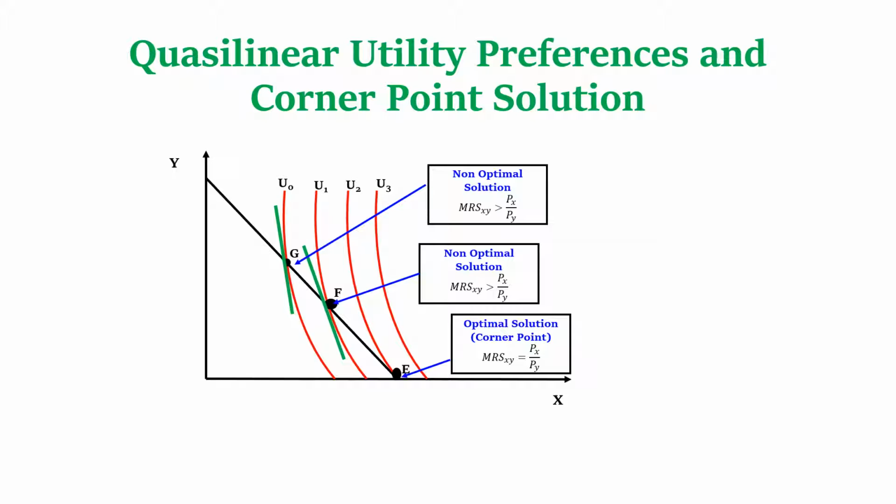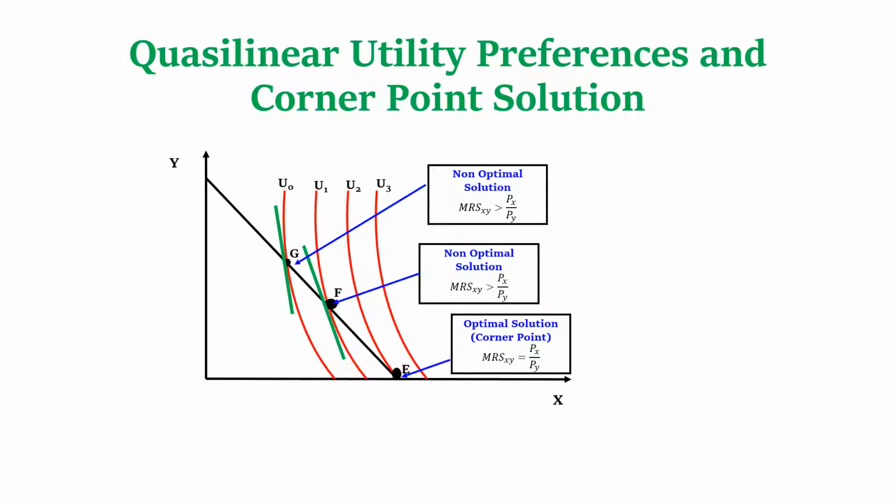And then at point G, the marginal rate of substitution is not equal to the relative prices. So the point where the marginal rate of substitution equals the relative prices is at point E. So it occurs at the corner, just on the x-axis. This means that the consumer consumes only a positive amount of x, zero amount of y.